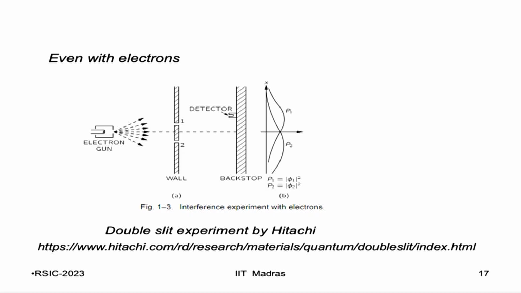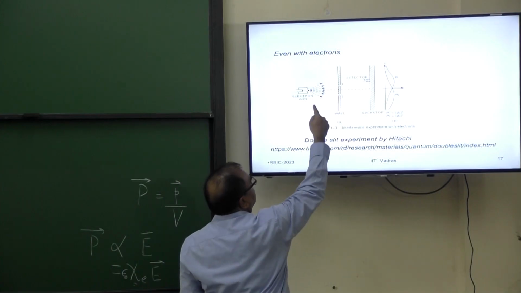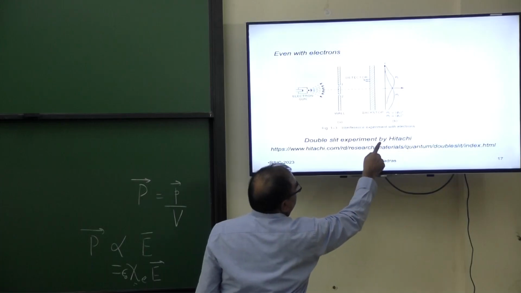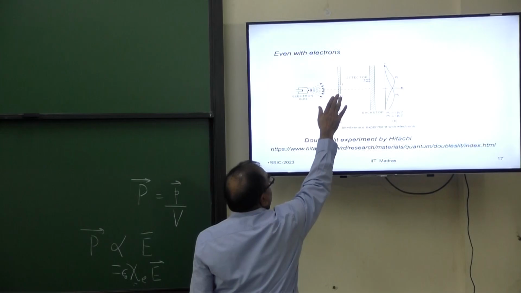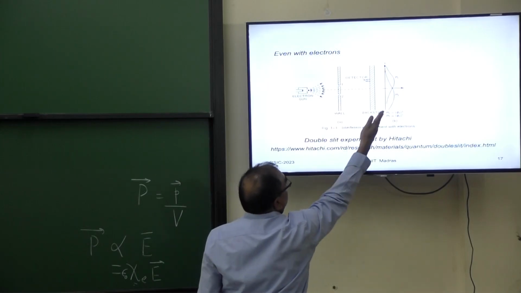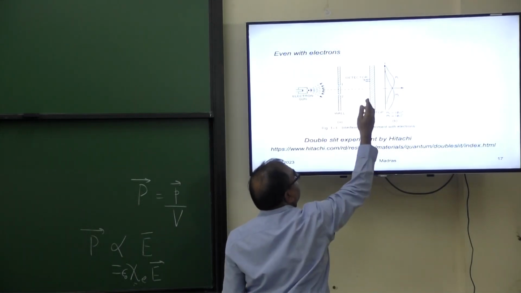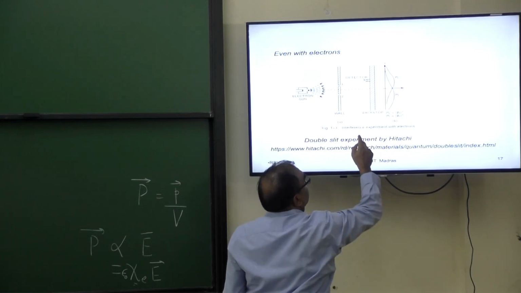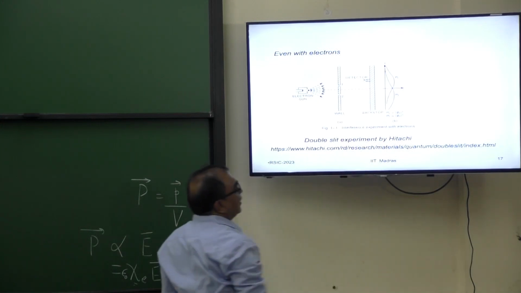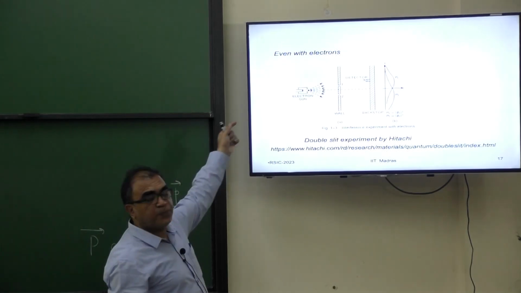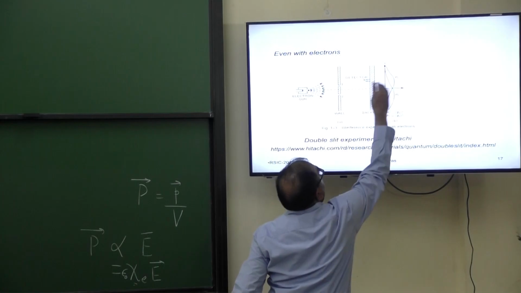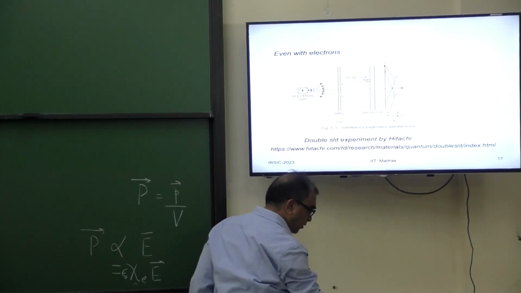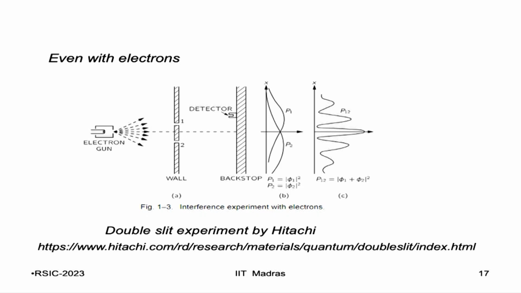A related experiment was done with electrons to show their wave nature, by Hitachi. They used an electron gun with two small holes and a moving detector. If these were just particles, you would get one peak here and one peak there, but because they are waves, you start getting interference.